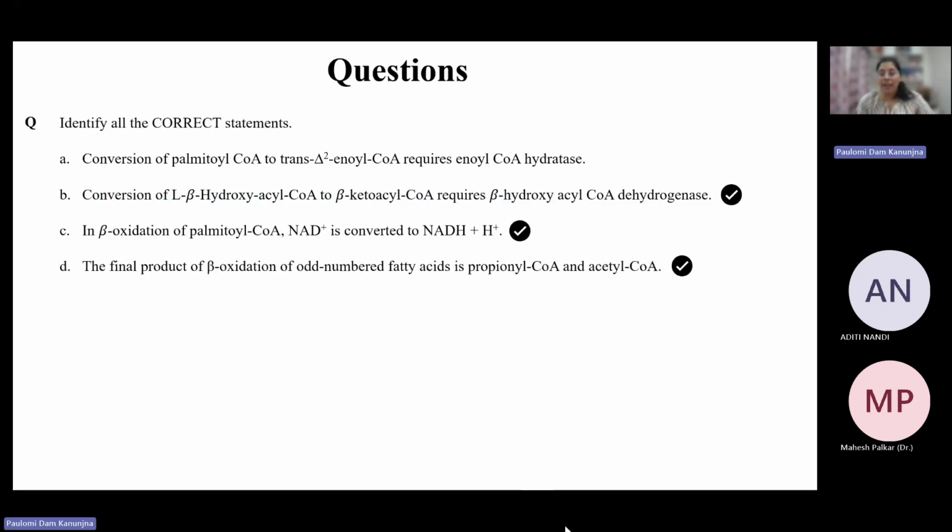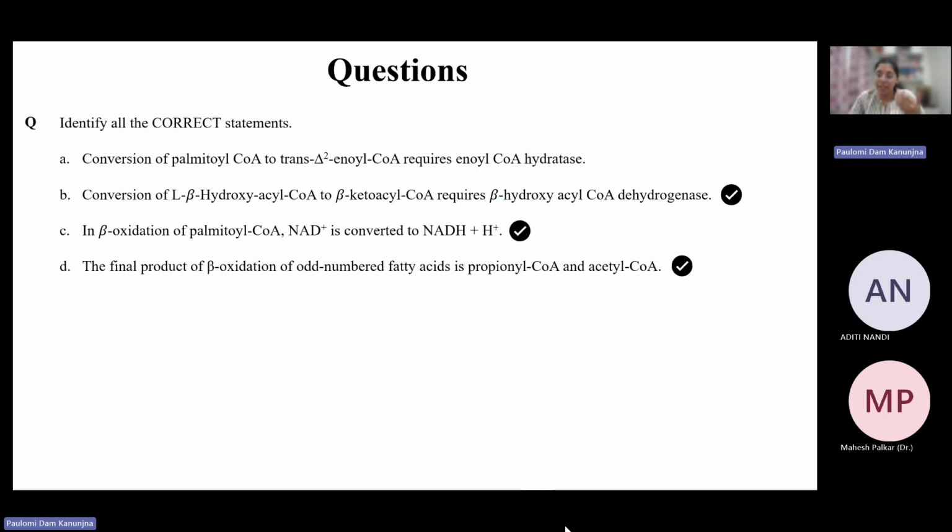So that's why, remember when I was discussing in the previous session, I said I can skip some topics because those topics will crop up in your questions, and solving them in questions makes them easier to understand. So with one question, it became easy: in the odd numbered fatty acid, you first have all the acetyl coenzyme A, and the last ones which remain form the propionyl.